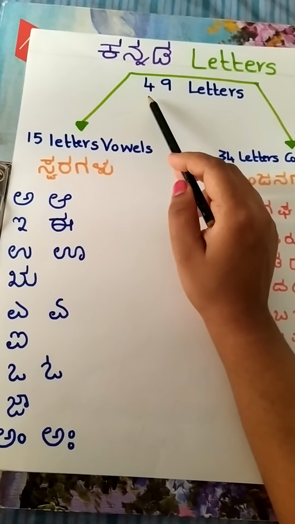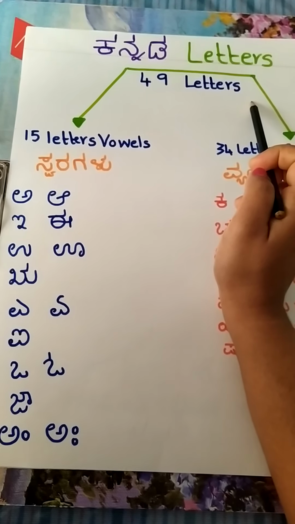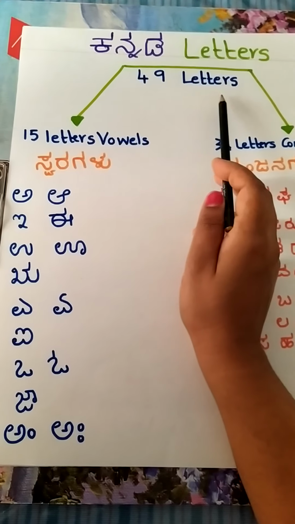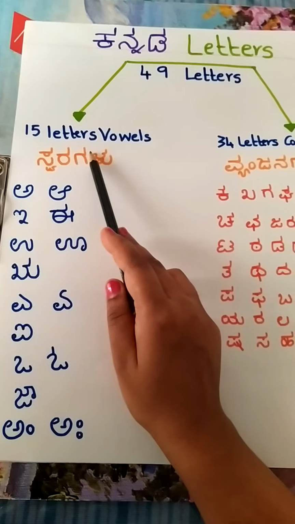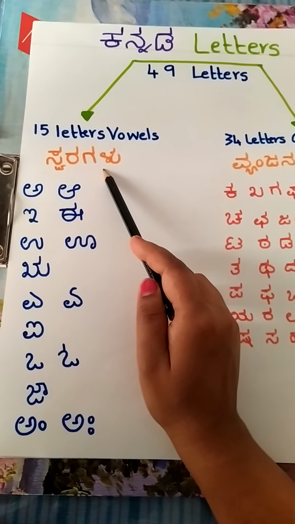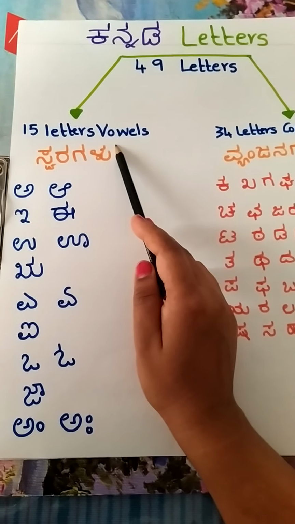In Kannada we have a total of 49 letters. I repeat, in Kannada we have a total of 49 letters. Out of that, 15 letters are called Swaragalu. Swaragalu is nothing but vowels. In English, we call them vowels.